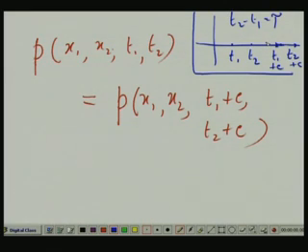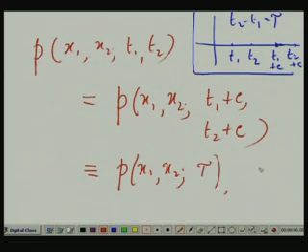This is in the case of joint statistics involving two variables. That means this should be equal to just p of x1 x2, semicolon, and neither t1 nor t2, you can say tau, where tau is equal to t2 minus t1.